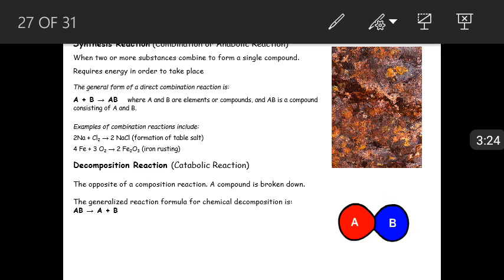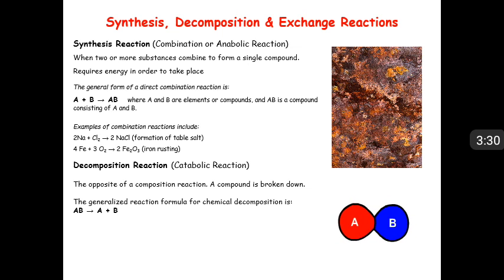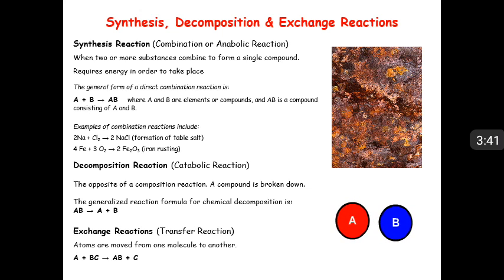Now decomposition reaction, also called catabolic reaction, the opposite of a combination reaction. A compound here is broken down. The generalized reaction formula of a chemical decomposition is AB decomposes into A plus B. Now exchange reactions are also called transfer reactions.